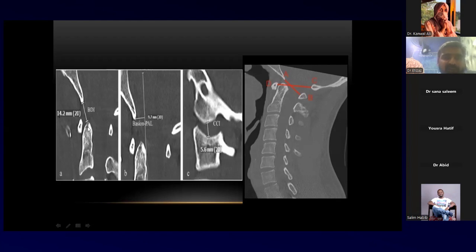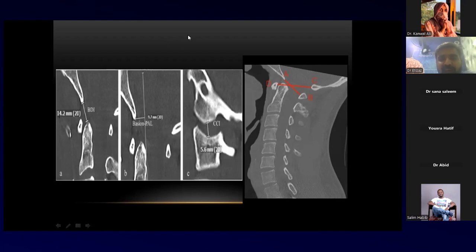Mostly in one dislocation. This BDI will be increased in which type of dislocation? Anterior. How anterior?